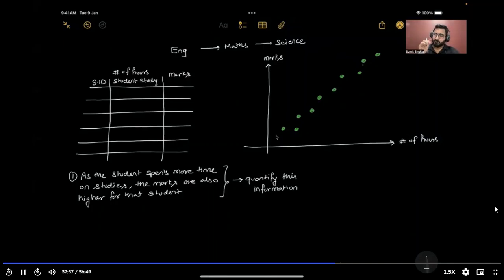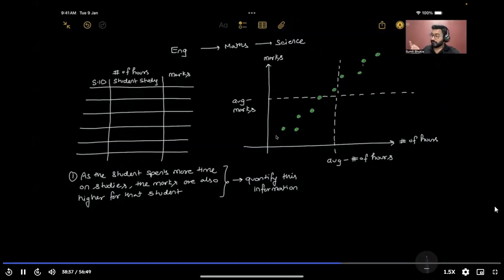Now, again, the technique is to compare this information with the average. What I'm trying to say is, let's say this line represents the average number of hours, and this line represents the average marks.